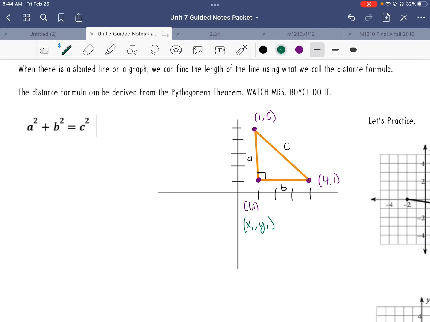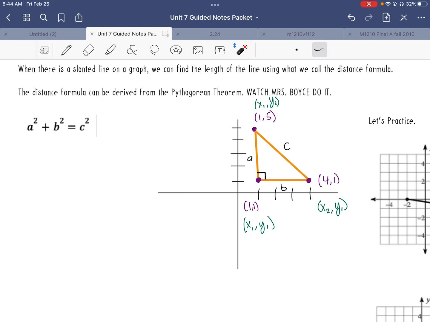Now 4, 1 is at a different x value, so we'll call that x2, but it's at the same y value, so we're going to call it y1 again. And this one is at the same x value, so we keep that, but it's at a different y value, so we'll call that y2.